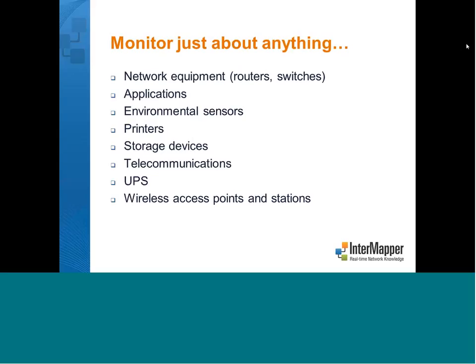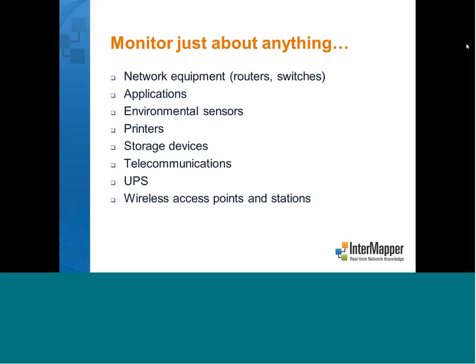InterMapper probes monitor just about anything. Anything that's got an IP address, you can probe it somehow. Network equipment, obviously the routers and switches, you can see the interfaces and the traffic and the errors on all those interfaces. You can look at applications: web, mail, FTP, all the kinds of applications that you run.